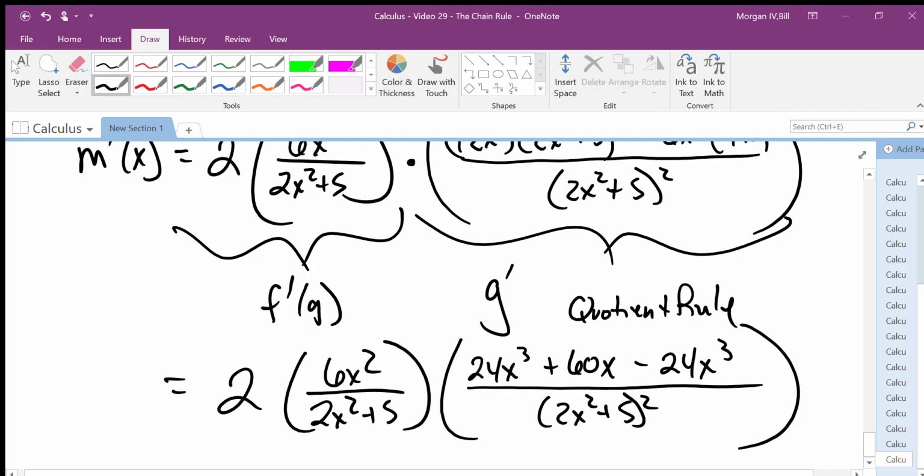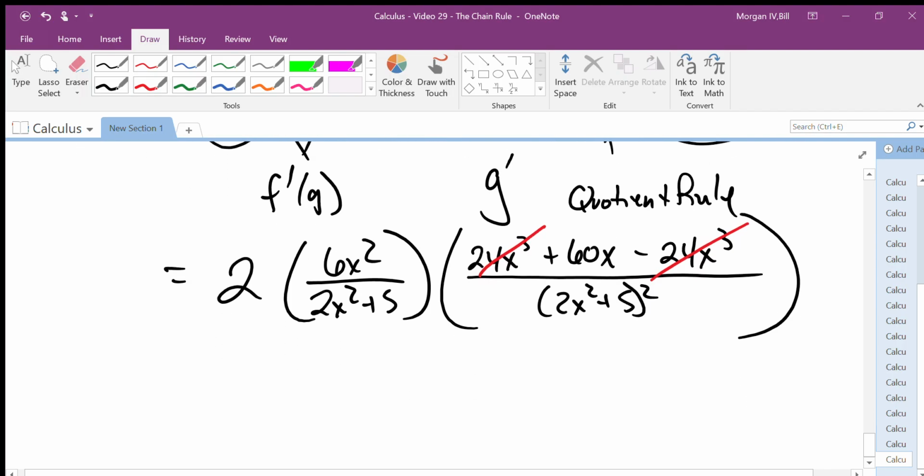And we notice something nice happens here. We get a 24x cubed, negative 24x cubed, those cancel out.